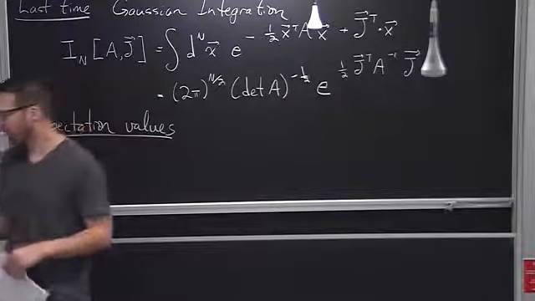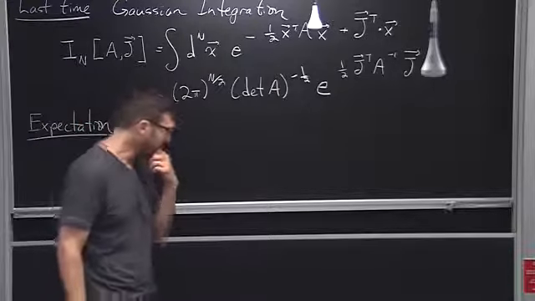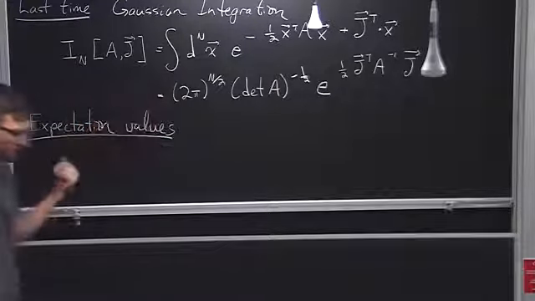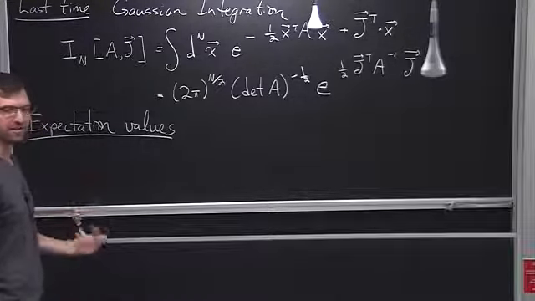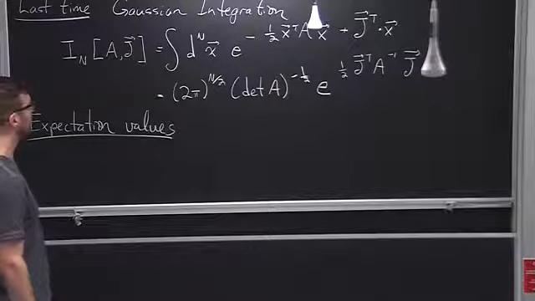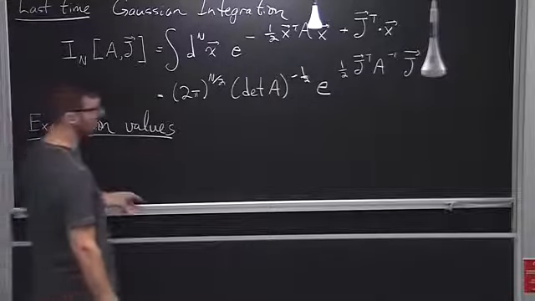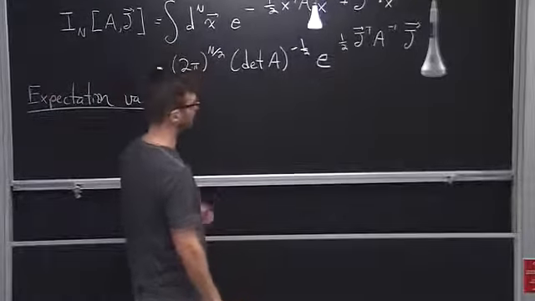We're building up a toolbox to calculate two-point correlation functions or higher point correlation functions in the phi-4 field theory that we motivated like two classes ago, before I started writing down all this Gaussian integration stuff.